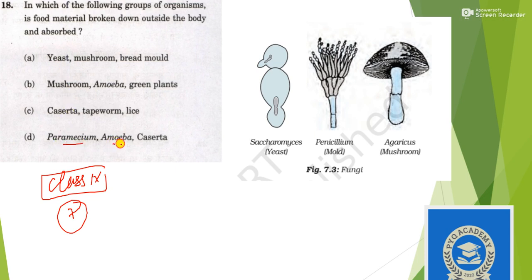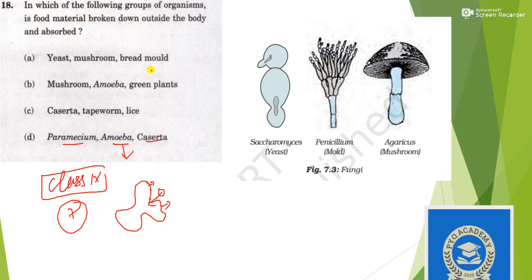Paramecium, amoeba and Cassata. We know that amoeba digests its food by extending its body part, so it takes the food inside its body.